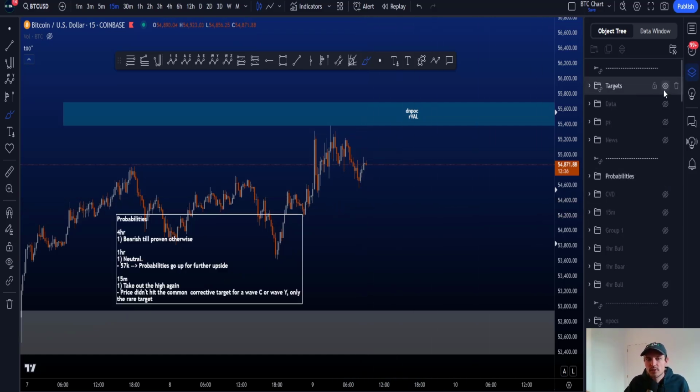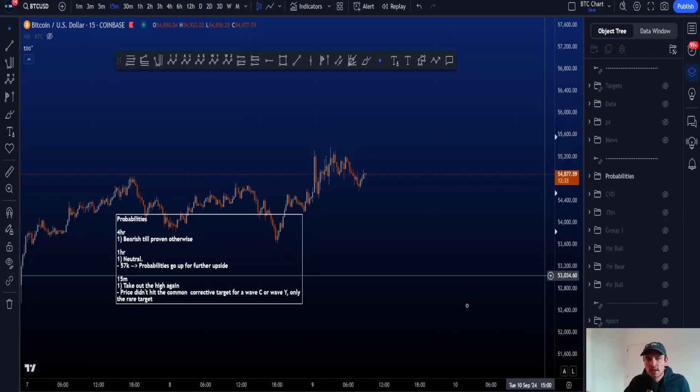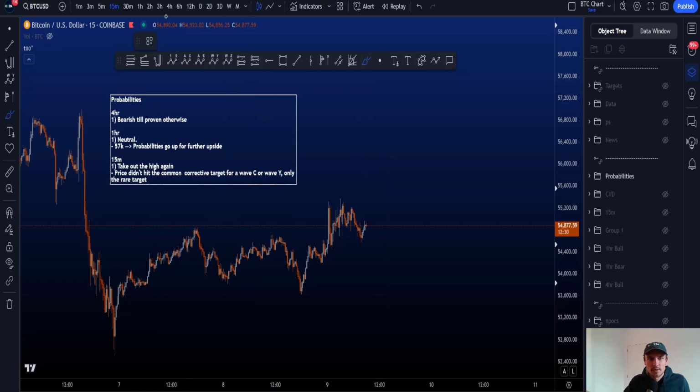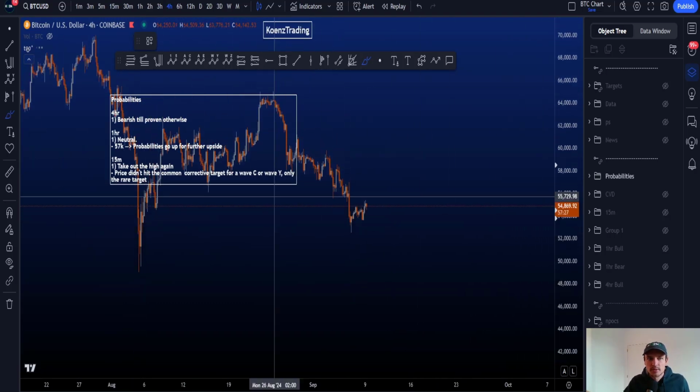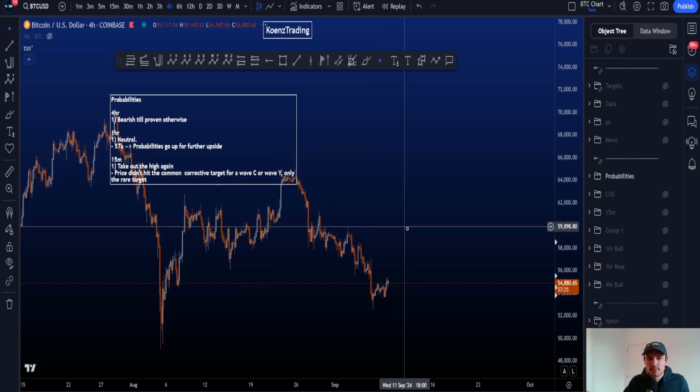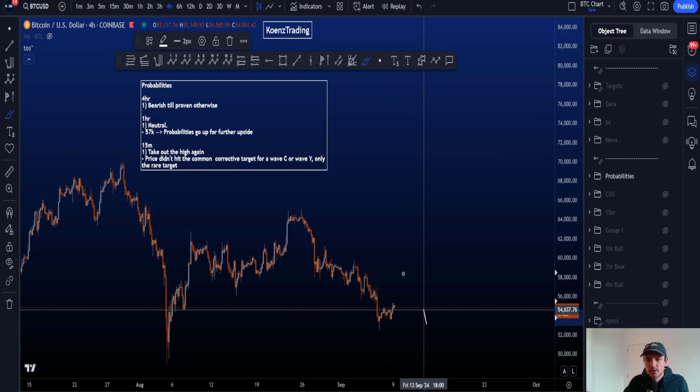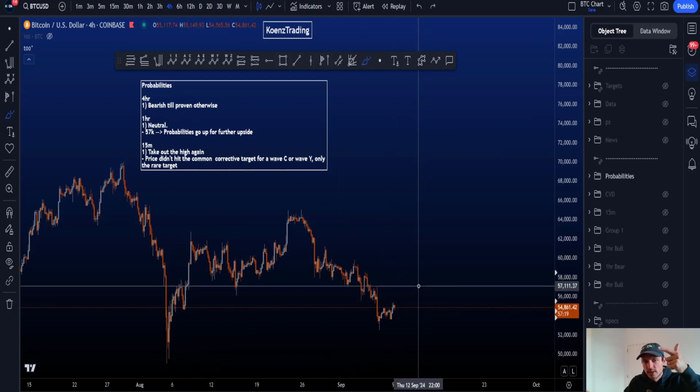So if we then finally look at the probabilities of the different scenarios, then on a 4-hour time frame, the probabilities at the moment are higher for the bears till proven otherwise, right? We have analyzed this structure on a 4-hour time frame, impulse, diagonal, double 1, 2, even the triangle.